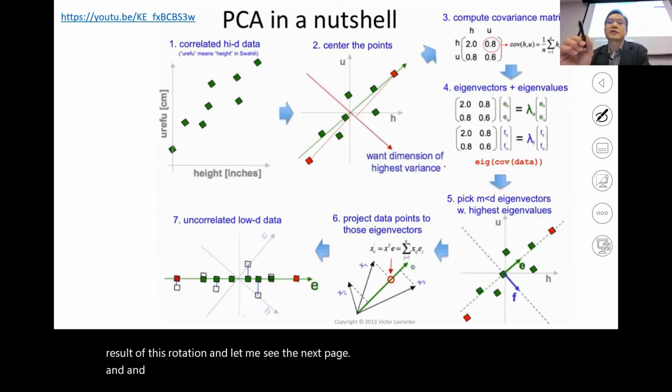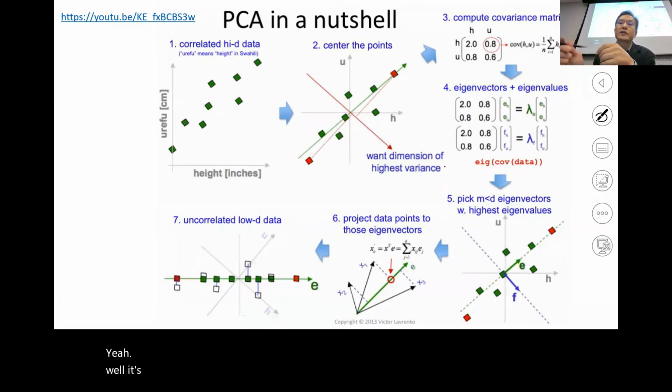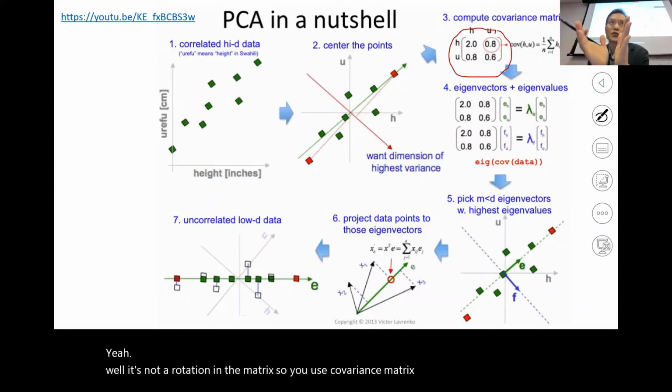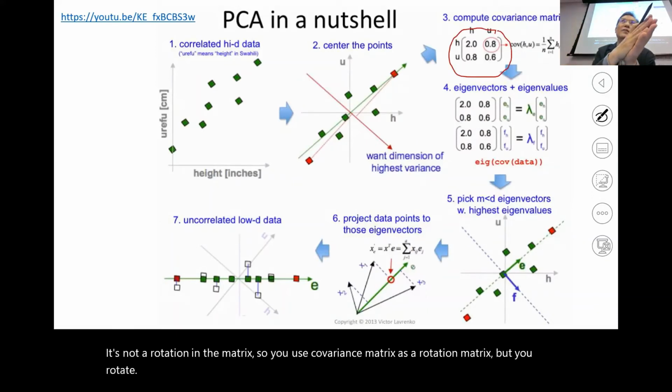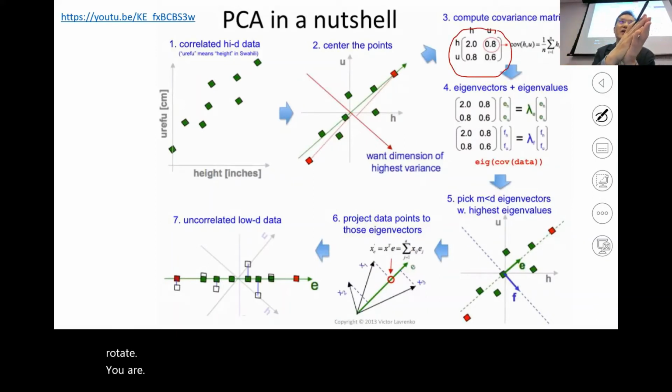And this method is explained later. The rotation of... well, it's not a rotation in the matrix. So you use the covariance matrix as a rotation matrix, but you rotate your newly defined coordinate system vector.